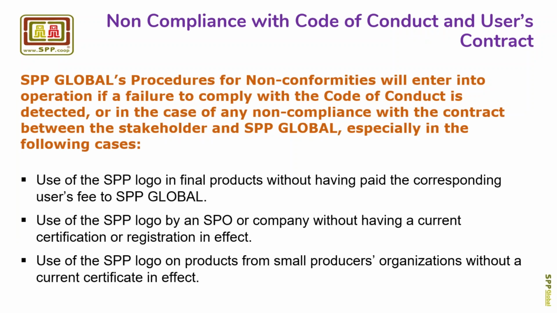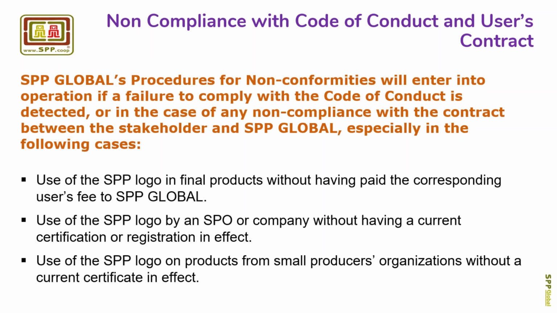And finally, non-compliance with the code of conduct and user's contract. SPP Global's procedures for non-conformities will enter into operation if a failure to comply with the code of conduct is detected, or in the case of any non-compliance with the contract between the stakeholder and SPP Global, especially in the following cases.